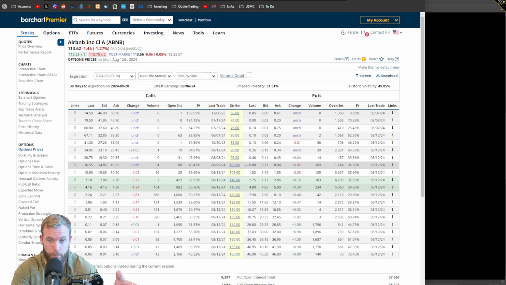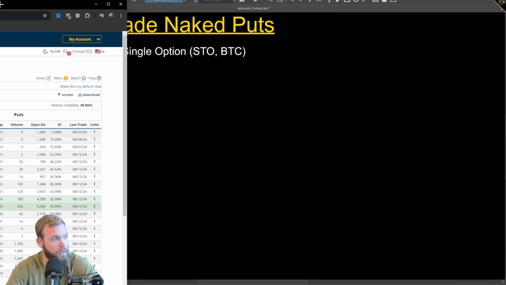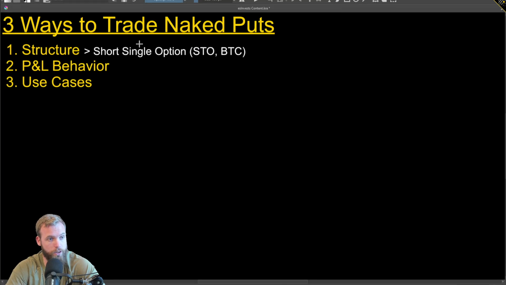You can't sell naked puts. They're automatically going to be cash secured. But if you're trading a standard margin account, then the broker is automatically just going to require margin. So then if you wanted it to be cash secured, you, the trader, have to account for that on your own. So you have to pay attention to that. Okay, so we now know what the structure is.